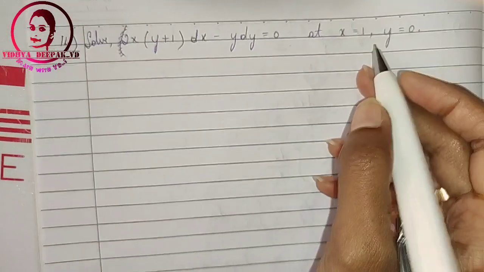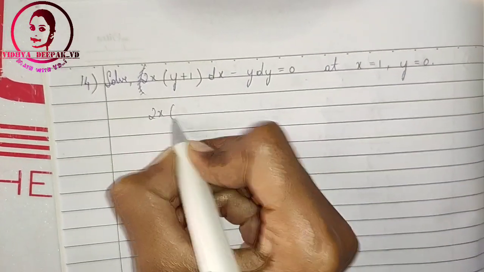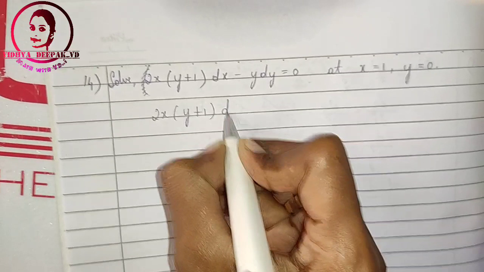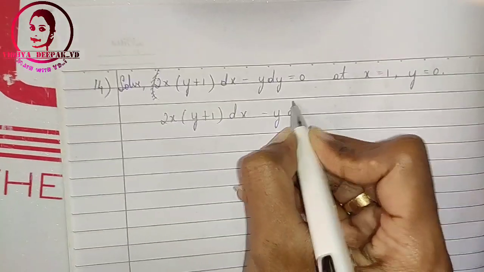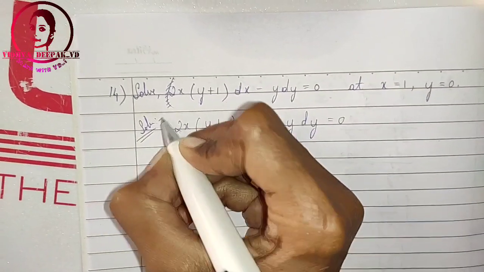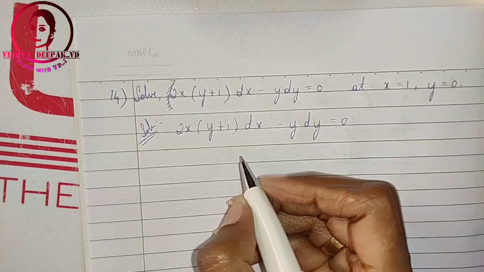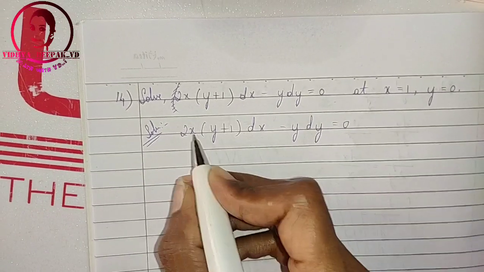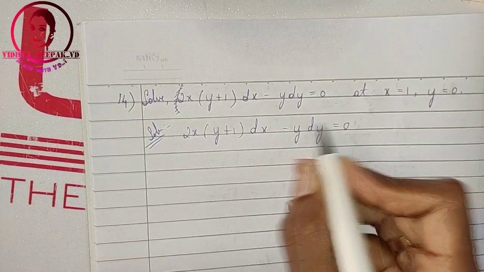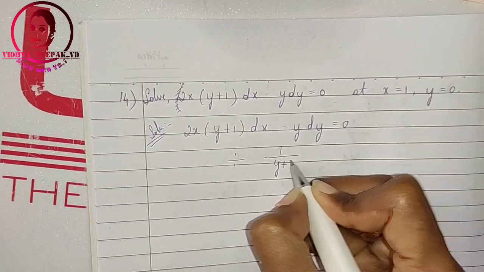This is the second problem. One problem we had come across already, so we will start this. The question is 2x(y+1)dx - y dy = 0. Here I will divide the entire equation by y+1, because we don't have any such term otherwise. So we divide the given equation by y+1.